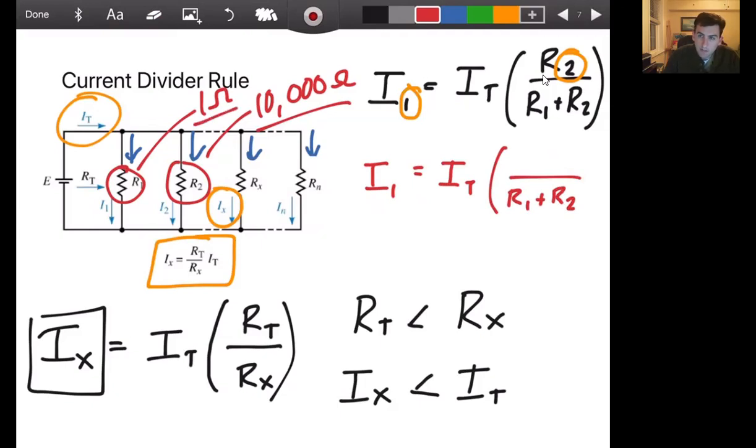So I'm pretty sure that my I1 is going to be a large portion of my total current. Sure, some of it's going to travel down the high resistance path, but most is going to go down the low resistance path. So I want my numerator to be a large number. Well, here's my large number, R2. Sometimes it's helpful to think about things in an extreme case if you're not quite understanding where an equation is coming from.